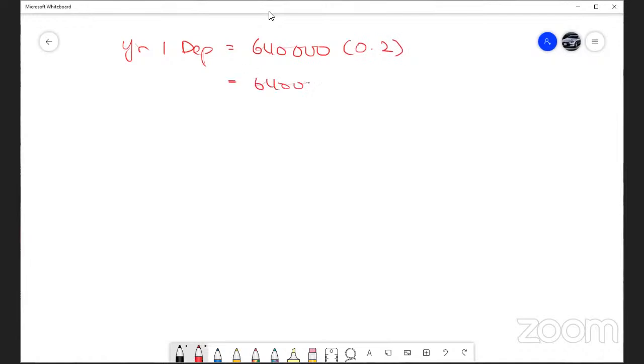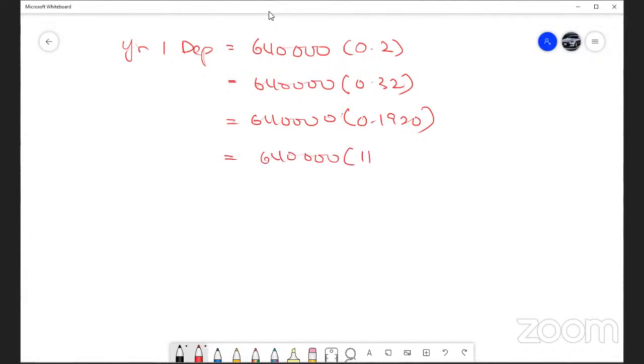Second year, it's 32%. Third year, it's 19.2%. And fourth year is 11.5%.